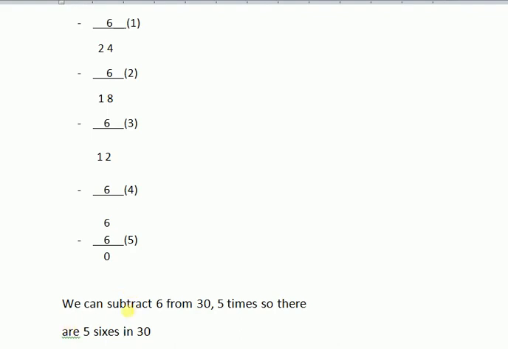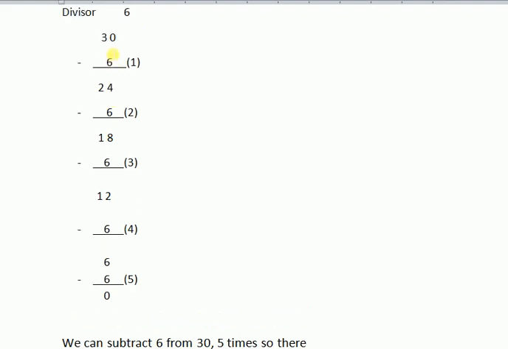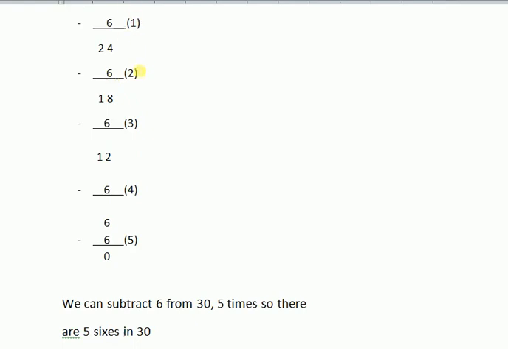Now see that we can subtract 6 from 30. This 30 you write up and you subtract this 6, you have to write it down. And how many times do you subtract? 1, 2, 3, 4 and 5 times.